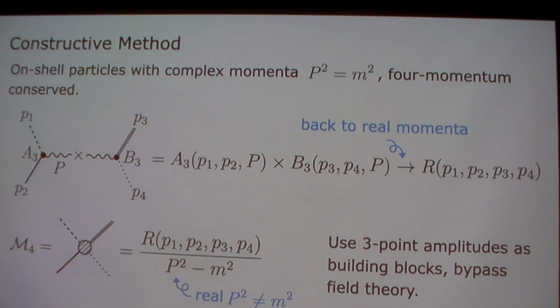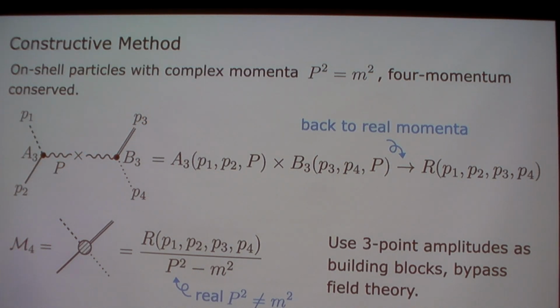If you have complex momentum, then you can have a well-defined three-point amplitude such that all the particles are on-shell, but the full momentum is still conserved. We all learned that you cannot absorb one photon with one electron because you cannot conserve both at the same time, but if you allow the momentum to be complex, you can have a well-defined three-point amplitude.